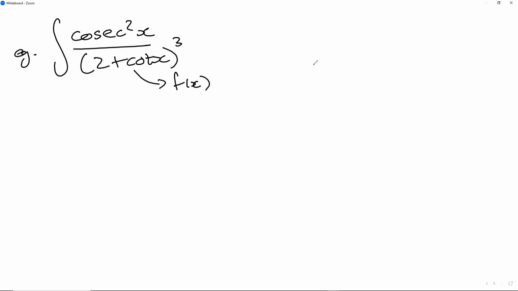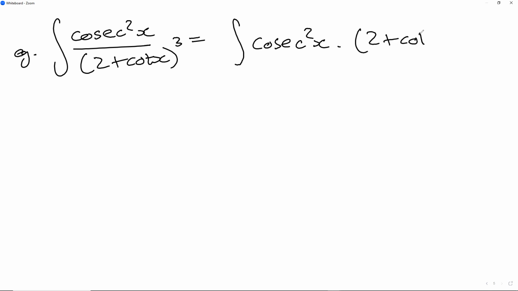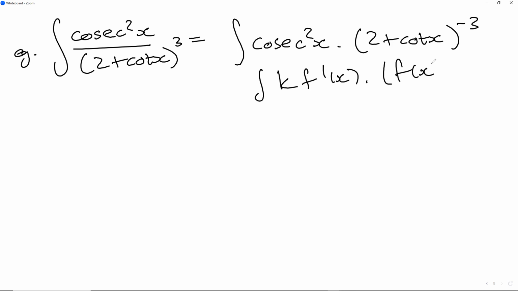And if I bring it to the top, basically, if I rewrite this as cosec squared times (2 plus cot x) to the negative 3, then it would be in the form integral of k times derivative of f times f of x to the power of n, where n is negative 3.